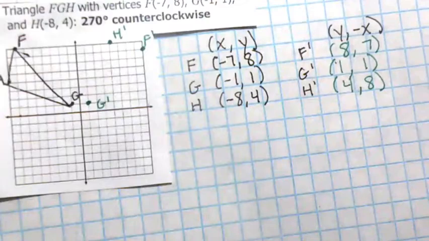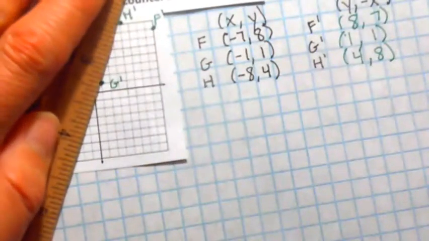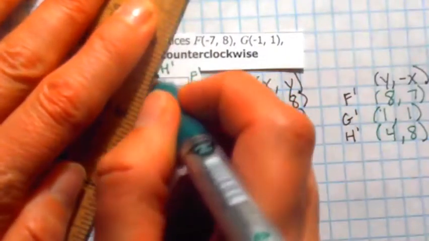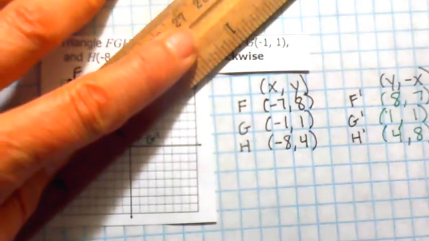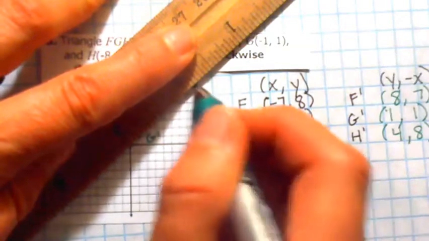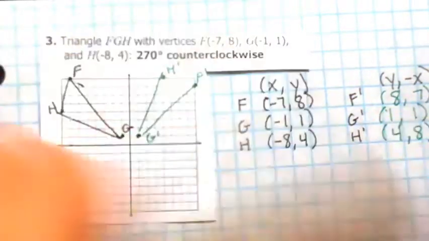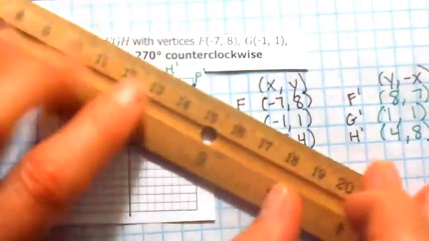Just connect those all together, and I have a congruent triangle. It's been rotated 270 degrees. So I went 3 quadrants around. It's a 3/4 turn. Connect those dots.